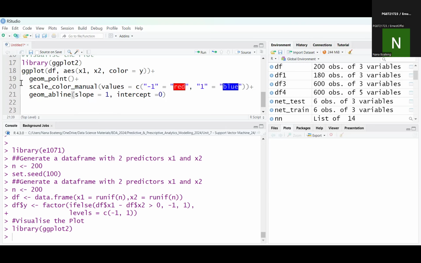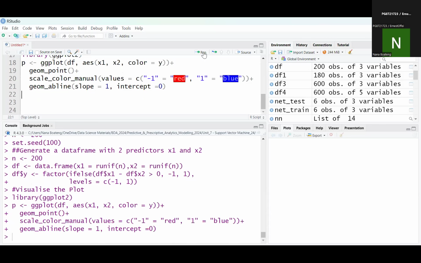We can name all this p. Data, aesthetics, geom_point, colors, diagonal line. All right, let's run this. Good.